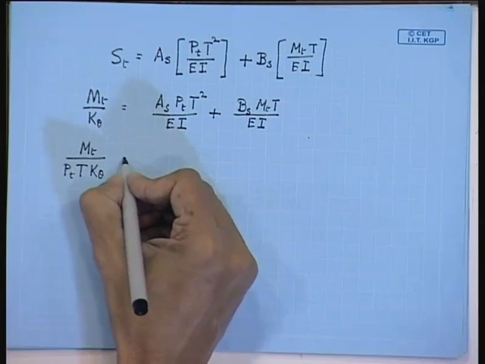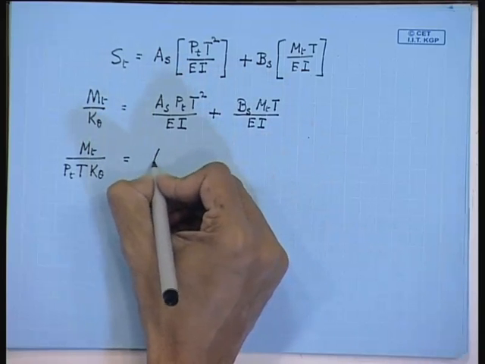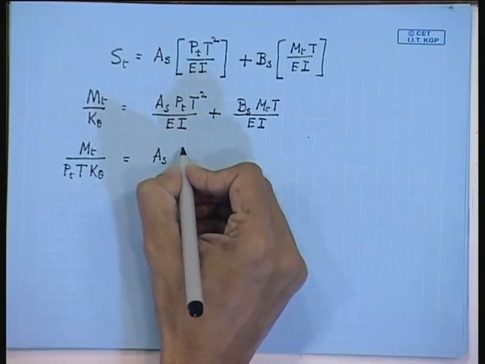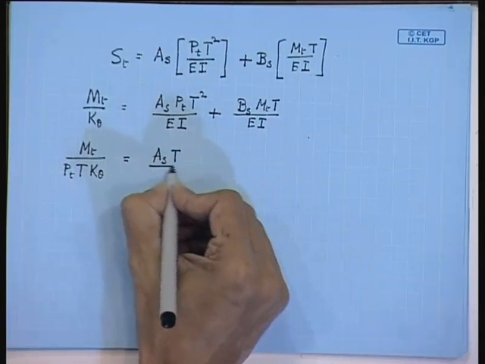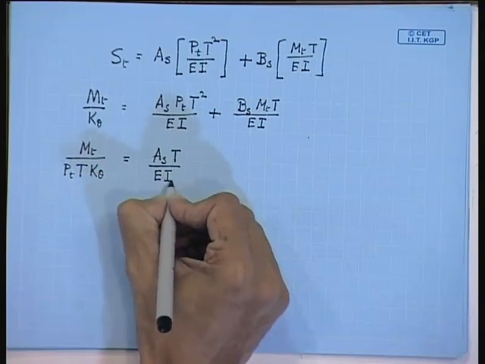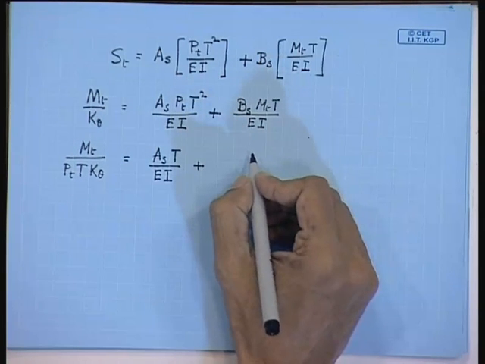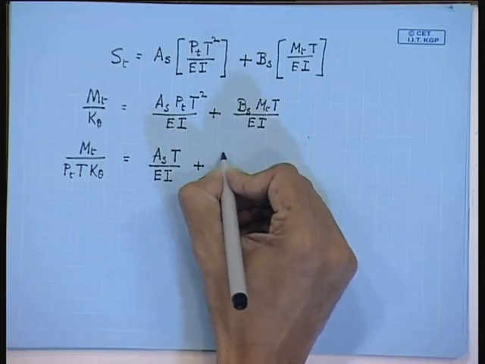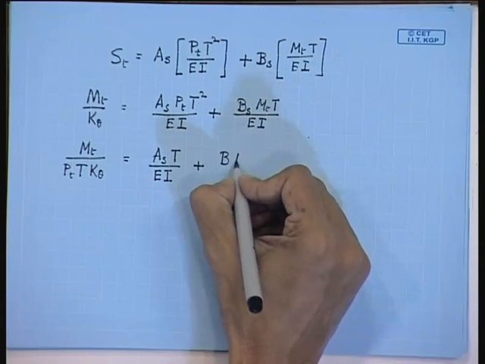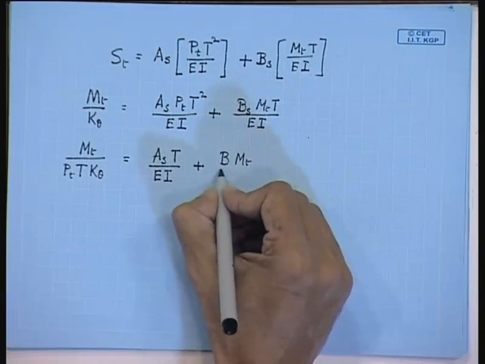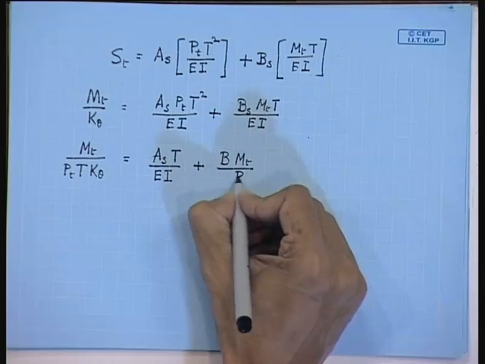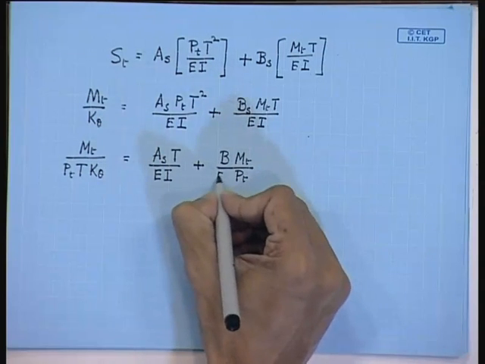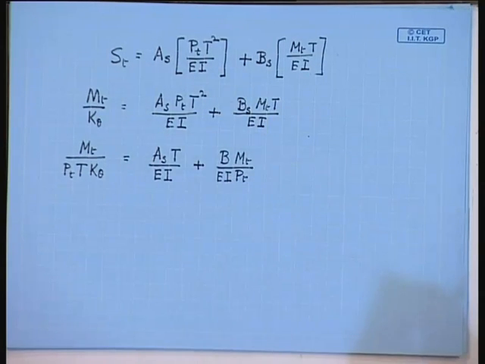So, now this comes to be how much? Now, any further simplification we can do?